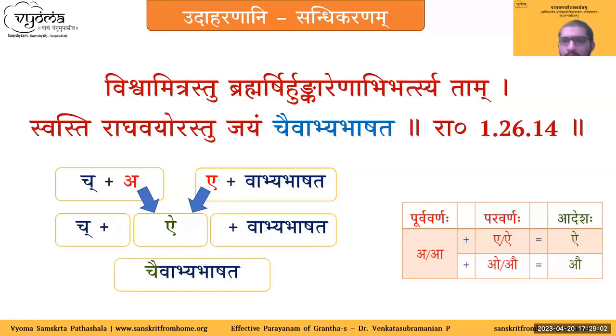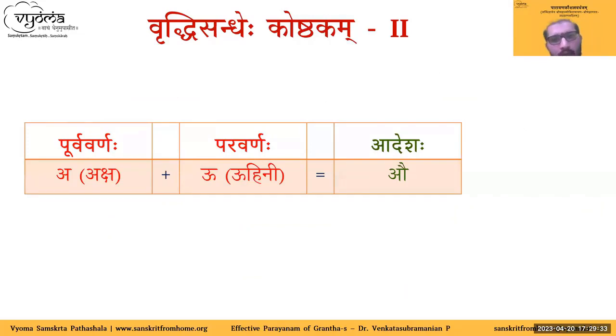So if we combine all the letters, we will get chaivabhyabhashata. On the left hand side we have akara, on the right hand side we have ekara. The aikara is replacing the purvavarna and paravarna. Thus we have the final form chaivabhyabhashata. So only in the shloka it is given. So this is Vriddhisandhi.